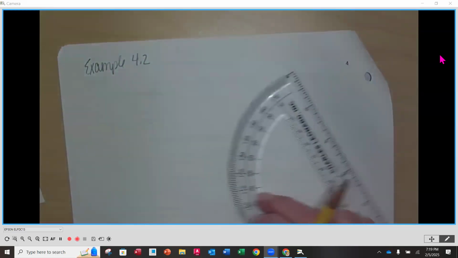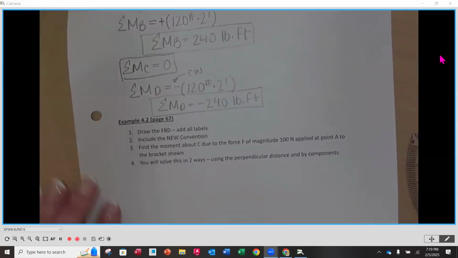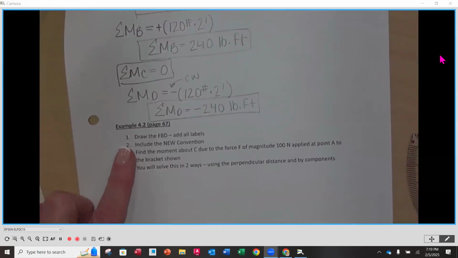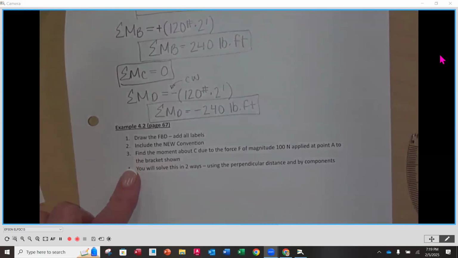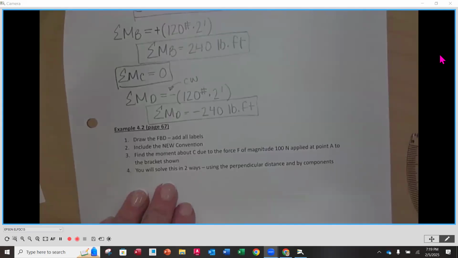On the previous page, you're going to notice that it gives us a little procedure. We're going to first draw our free body diagram. We're going to include our new convention. We're going to find the moment about C due to the force at the magnitude of 100 newtons applied at point A on the bracket. And like it says here, you're going to solve it in 2 ways. So we're going to do the first way as we see it.